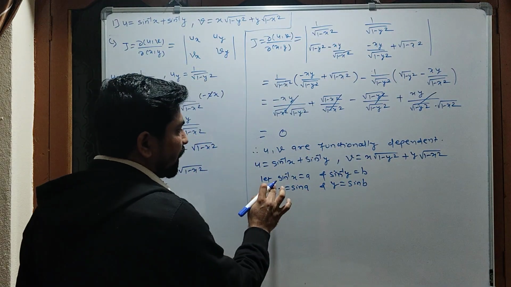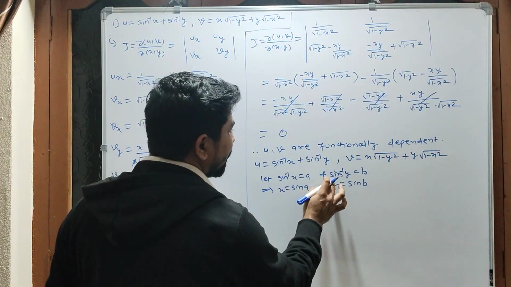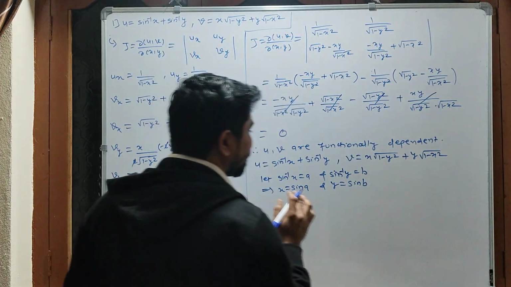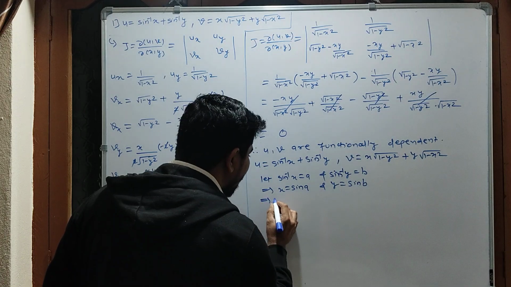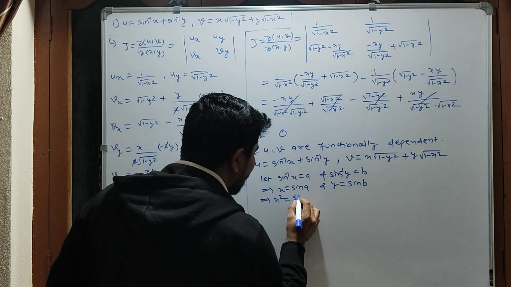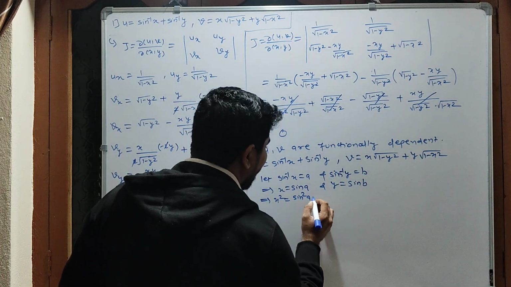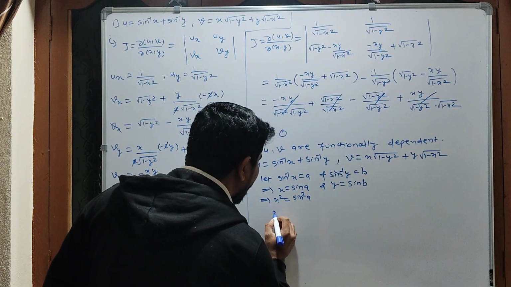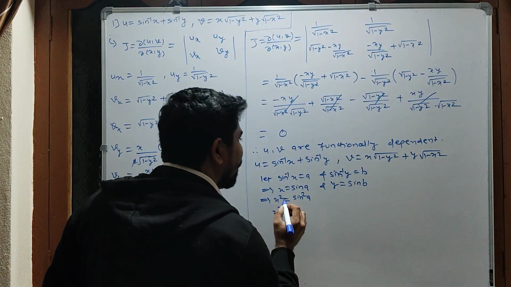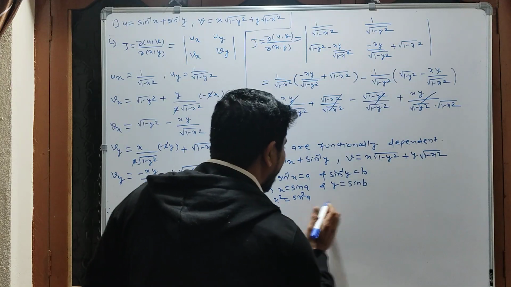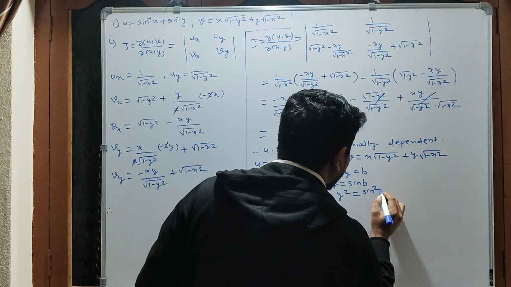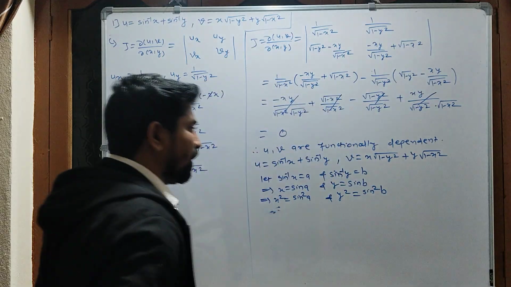So x square equal to sin square a, and y square equal to sin square b.